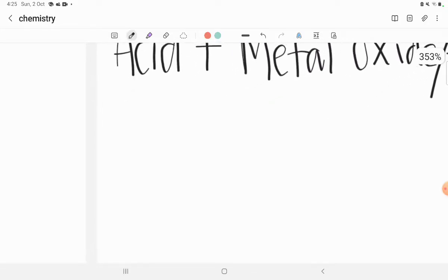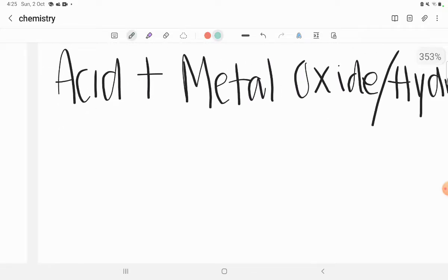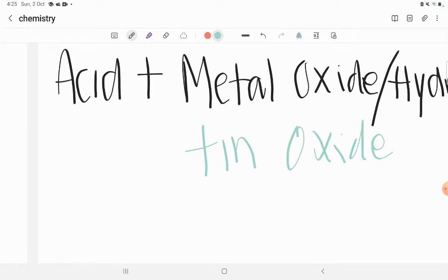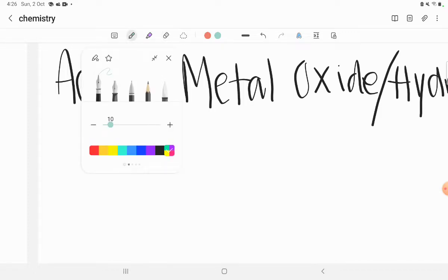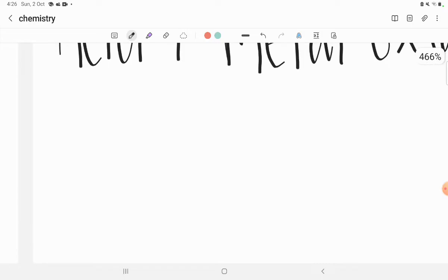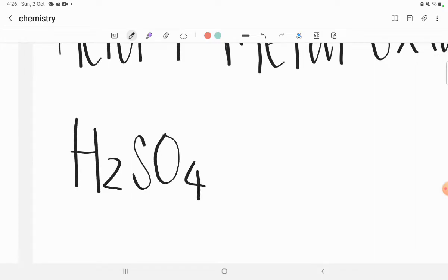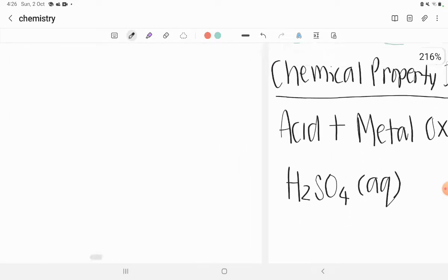Another example of a metal oxide would be tin(II) oxide. Okay, and now let's use sulfuric acid. H2SO4 equals, okay, tin(II).